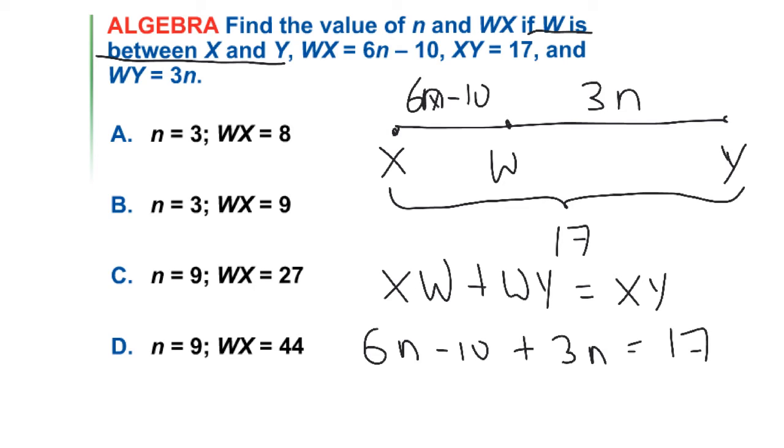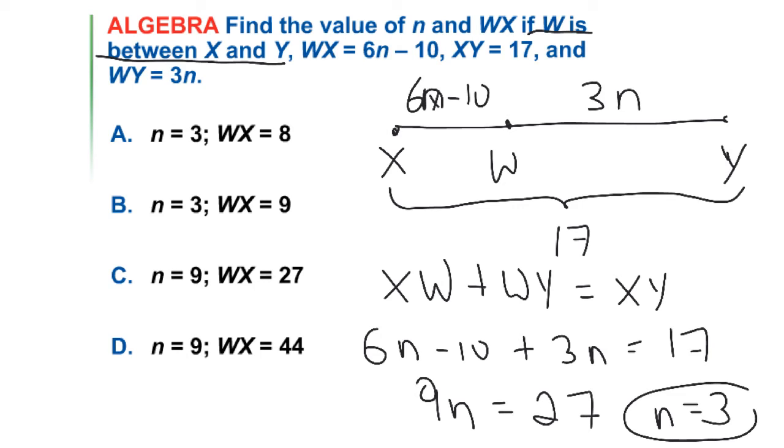Okay, now it's algebra. 6n and 3n, that will be 9n. Plus 10 to both sides, it will be 27. So now if you divide both sides by 9, n will be equal to 3. Okay? So the question was find the value of n, so n is equal to 3.